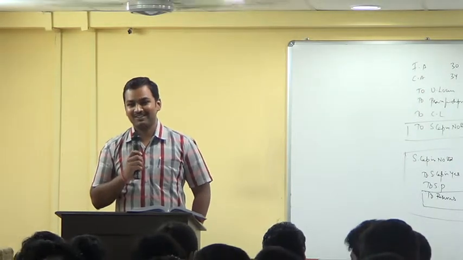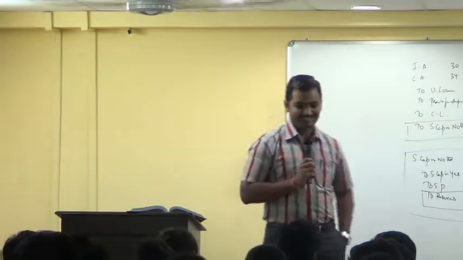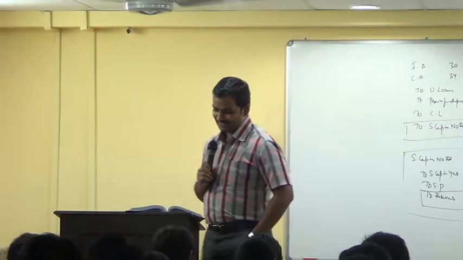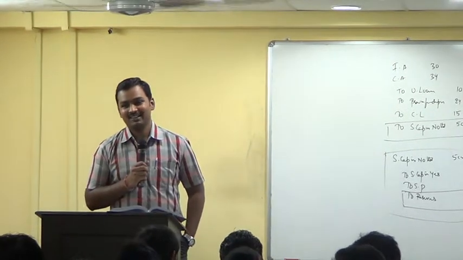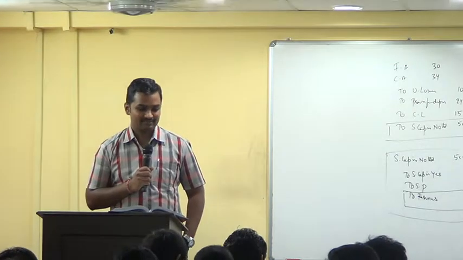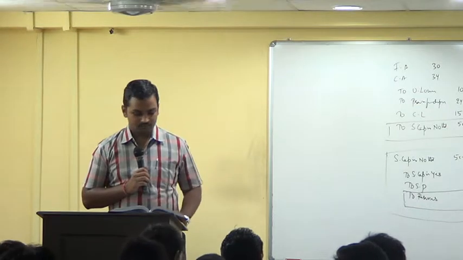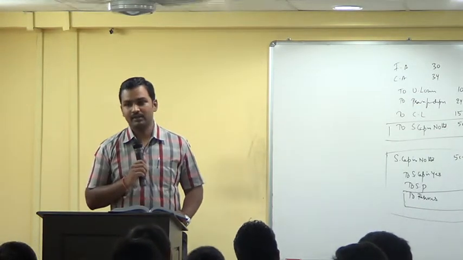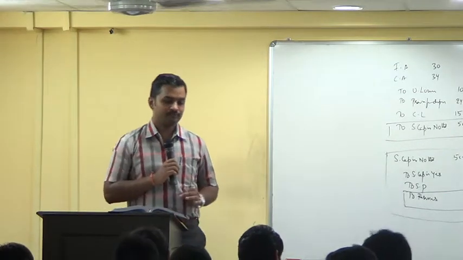Less: liability taken over. 10% debentures, 2 lakhs. Trade payables, 2,40,000.